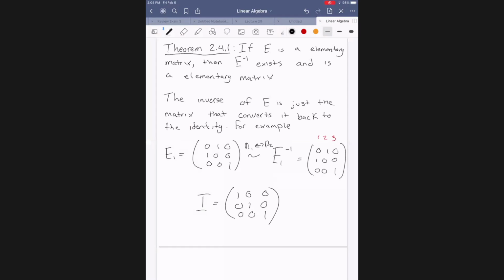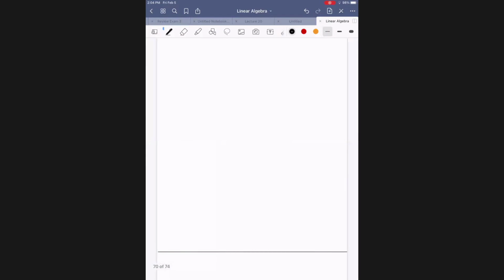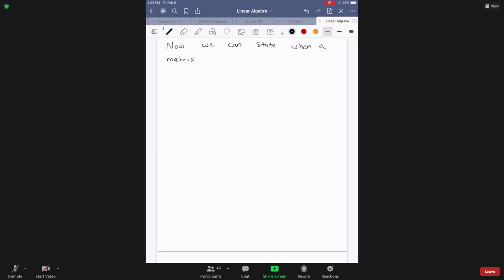Okay, so now let's talk about how we can express when a matrix A is invertible in terms of these elementary matrices. So now we can state when a matrix is invertible.